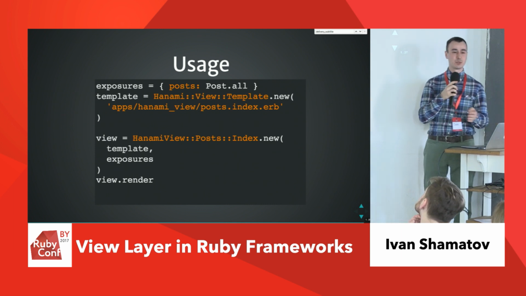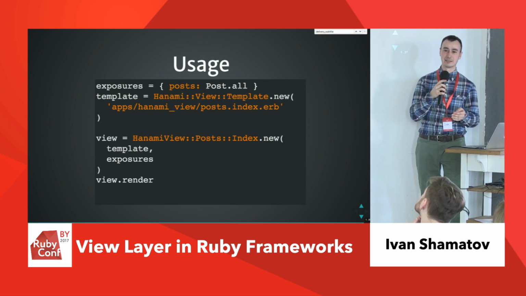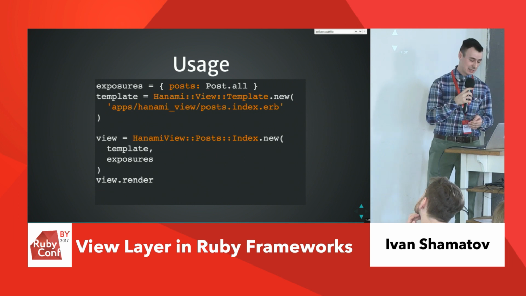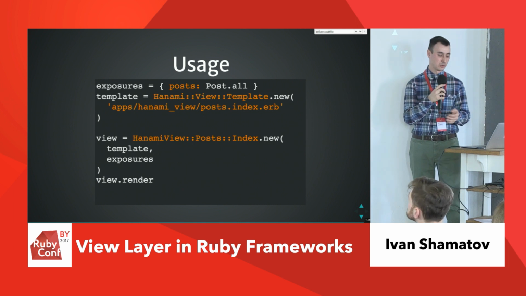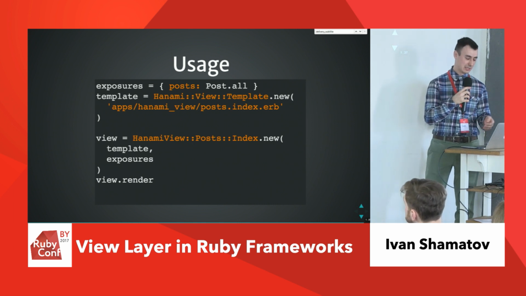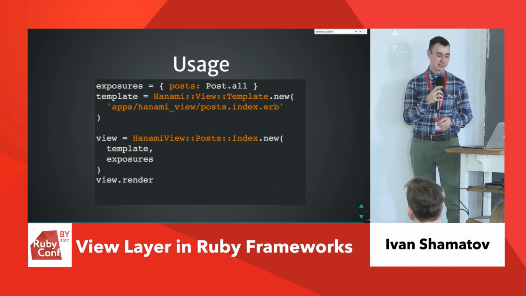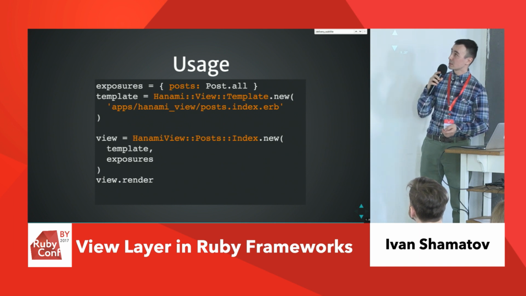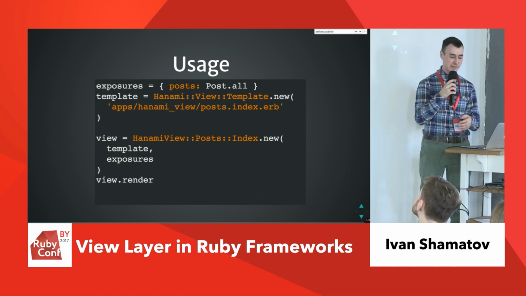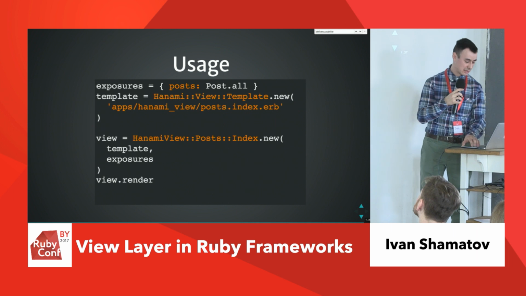But I found some use cases in specs, and they are telling us that we just need to get some exposures, what we are going to show in our template, then get the template, and render that view. So, something like that, but I've had problems with that.